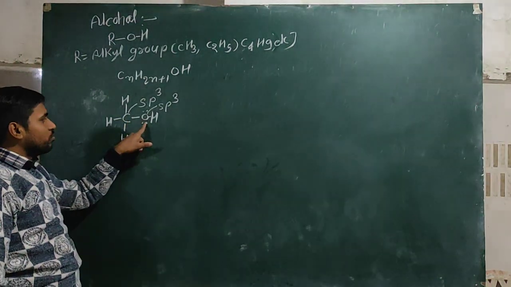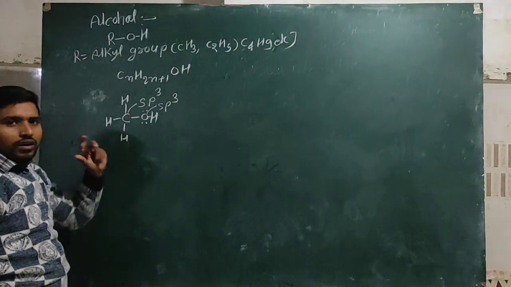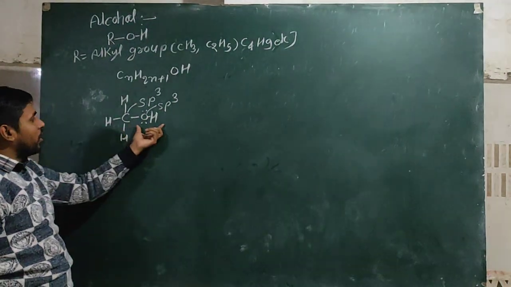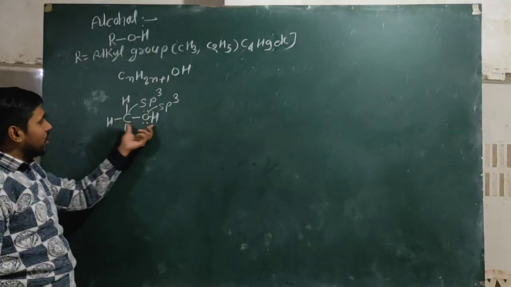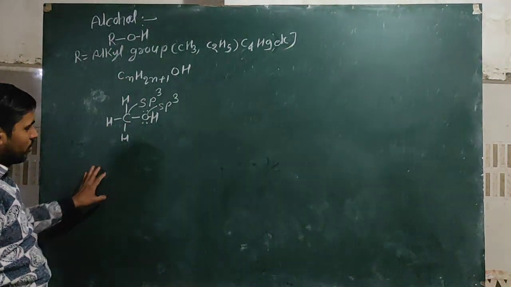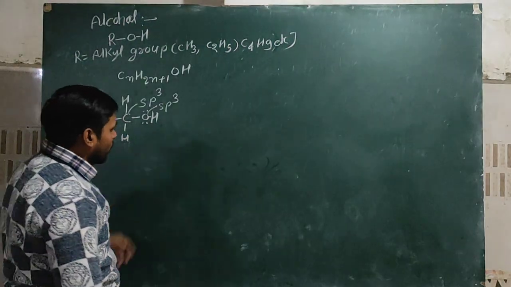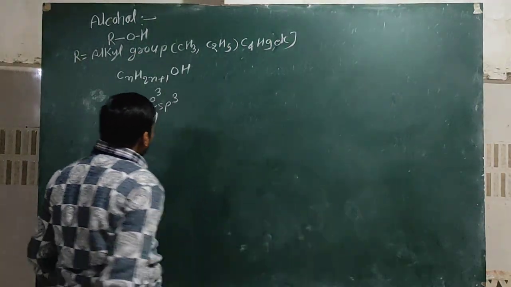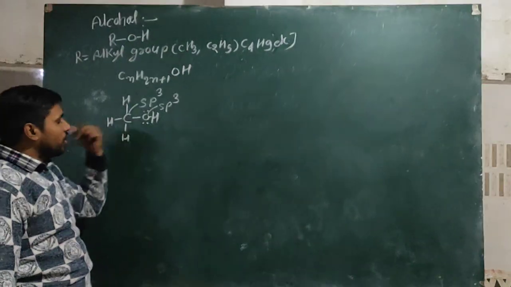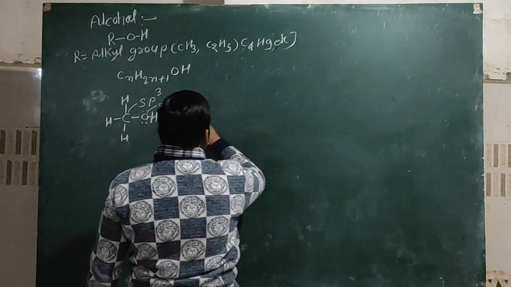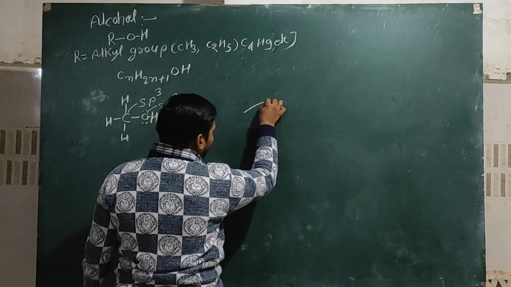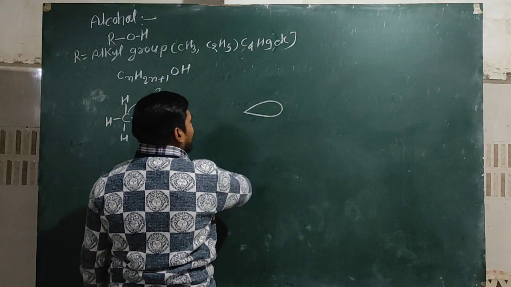Carbon and oxygen both contain sp3 hybridization. Then you can explain that when any alcoholic group is directly bonded with an sp3 hybrid carbon, then it is known as alcohol. But if we try to understand the actual molecular orbital structure of the alcohol, then it is very necessary that you firstly understand what is the structure of alcohol.